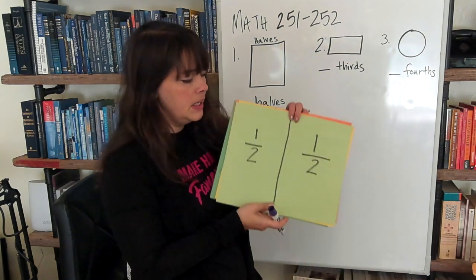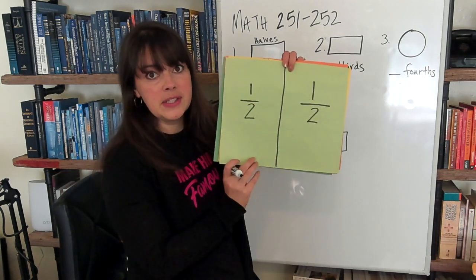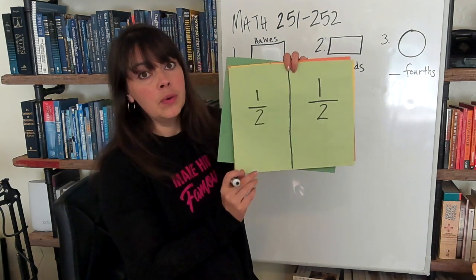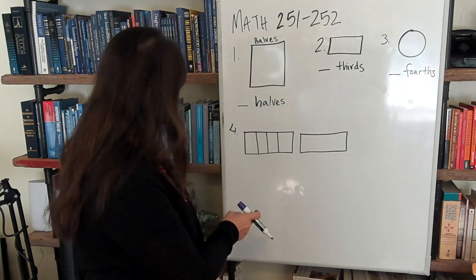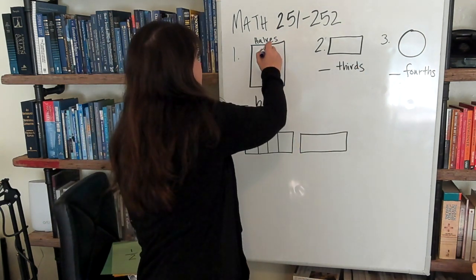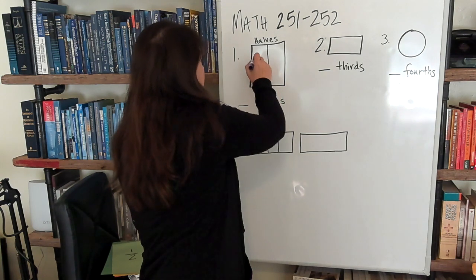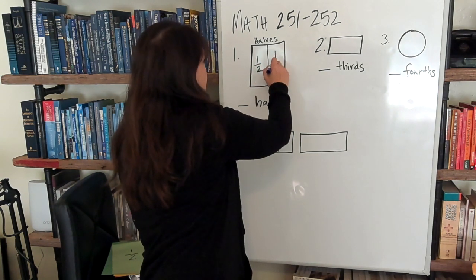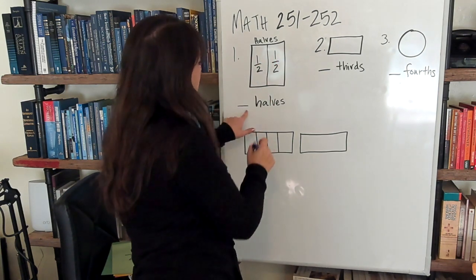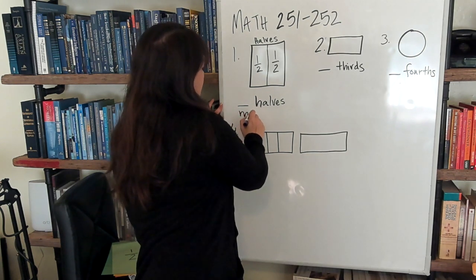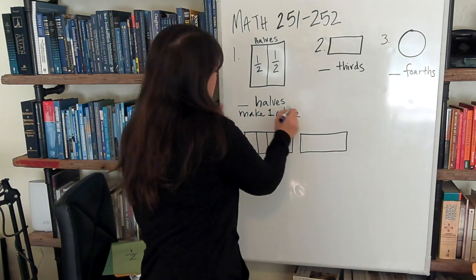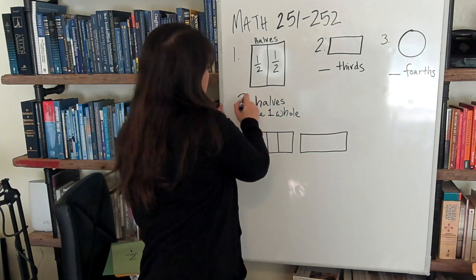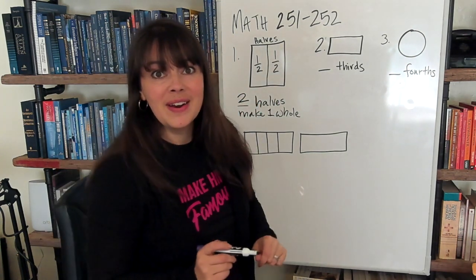When you divide something into 2 equal parts, they become halves. 1/2, 1/2. Okay, so we'll divide this into halves. Then we name it 1/2, 1/2. And how many halves make one whole? 1, 2. 2 halves make one whole.